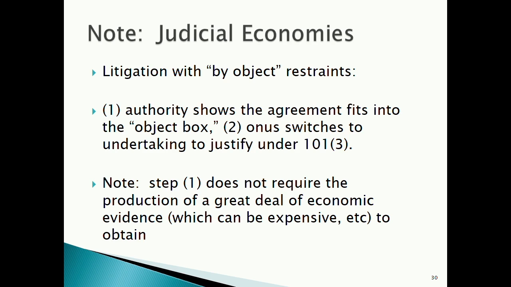So there's a judicial economy there. You show that it's an object restraint, or sometimes in competition speak, this is Richard, I think it's found, I don't know if Wish came up with it, but if it fits into the object box, if it's an object restraint, then the onus switches to the undertaking or undertakings involved to justify under 101(3). Right?